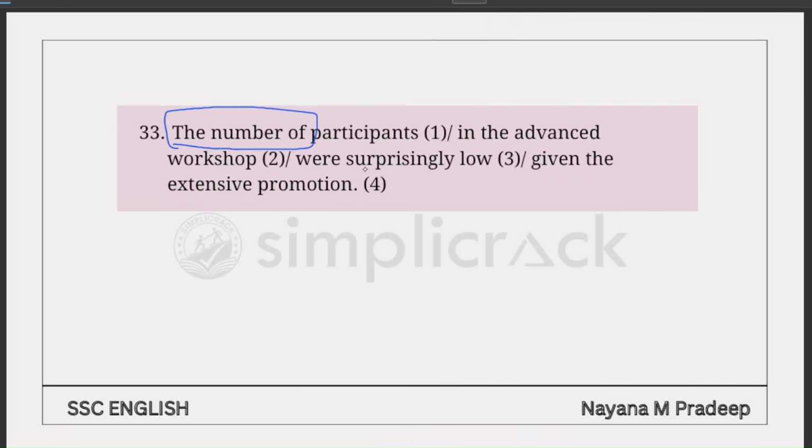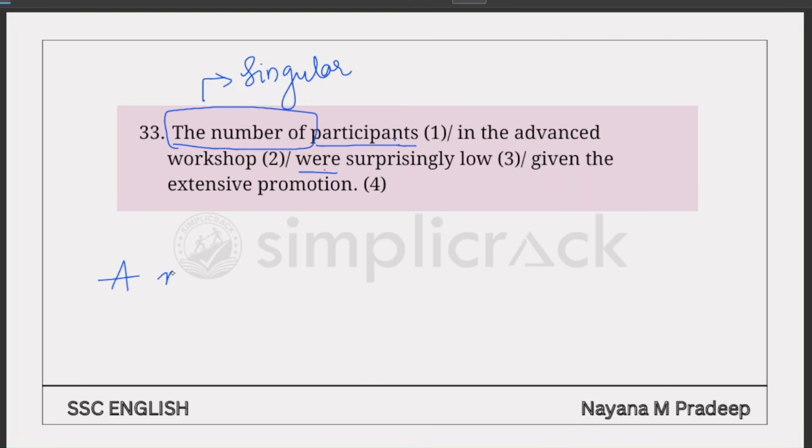The phrase the number of is singular, no matter what comes after that. Here you see participants, so you feel like were is correct because participants is plural, so you have to use a plural verb. No, it is wrong. The number of is a phrase that is used to indicate a singular subject, a singular form, a singular structure.